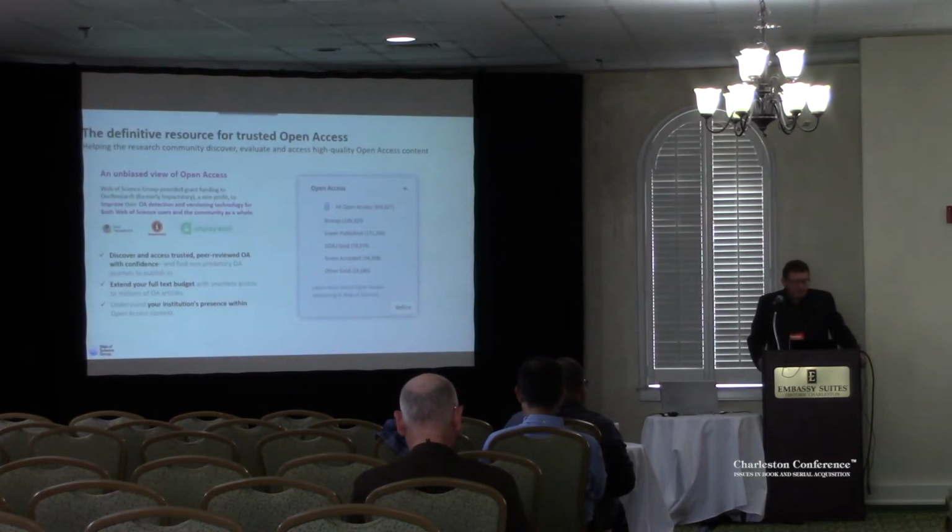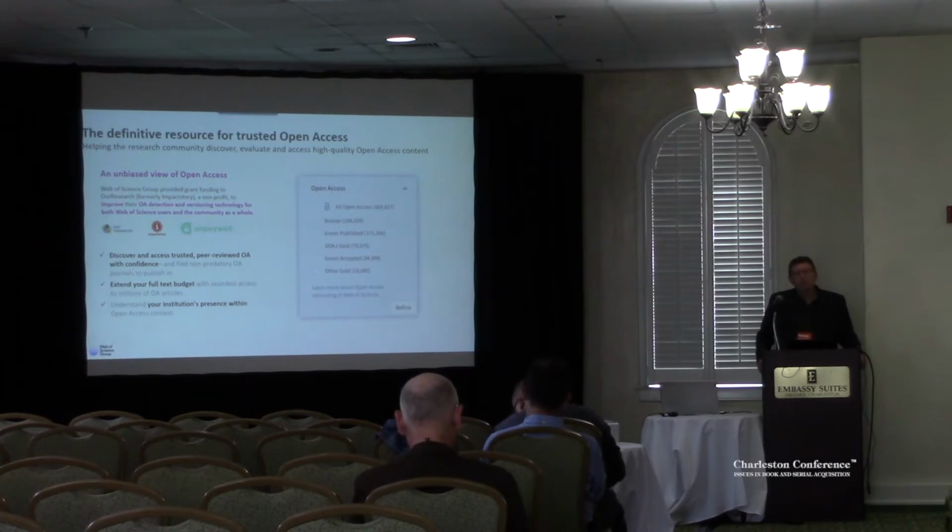And in recent years, we established a relationship with what is now known as Our Research, but what was formerly known as Impactstory. That organization recently changed names within the last year, and essentially we provided funding or payment to them to develop or broaden out their knowledge base of article-level open access content.